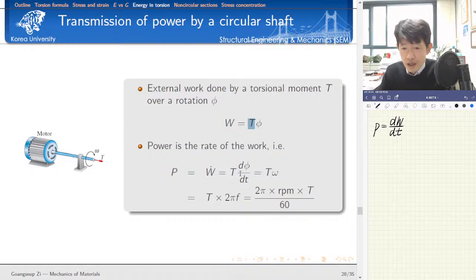We can take a derivative of the angle of twist with respect to time, and it becomes what? The angular velocity, omega here. In Korean we call it 각속도. Okay, 각속도. And this angular velocity can be given in terms of frequency, isn't it right?